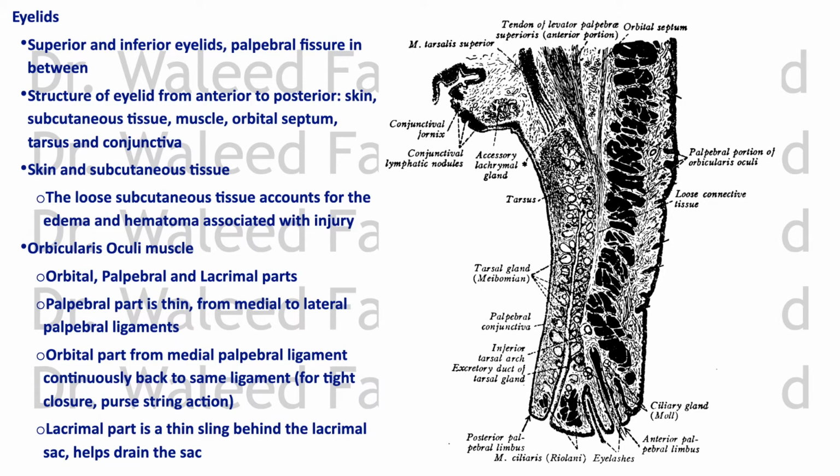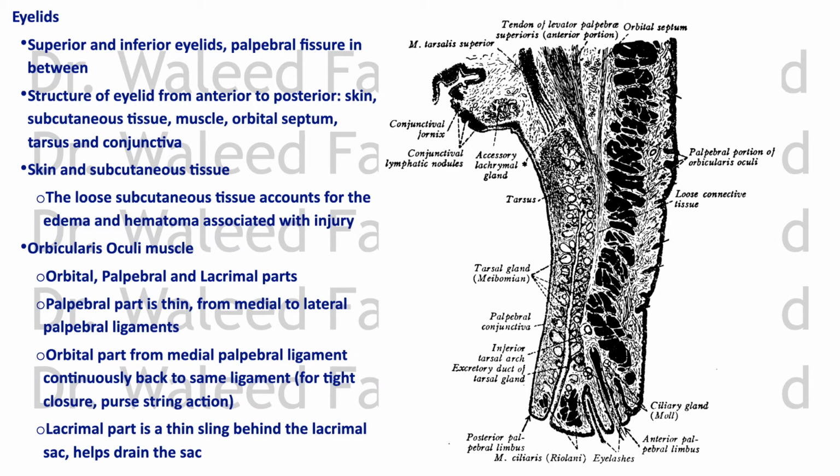Then after the tarsus, you will get the mucus lining, which is the conjunctiva, and the conjunctiva reflects upwards in a fornix, as we will talk about soon. Okay, so don't forget: the skin, subcutaneous tissue, muscle layer, the septum, the tarsus, and then the conjunctiva that reflects backwards after lining the eyelid, in a fornix, to be reflected on the sclera of the eyeball.